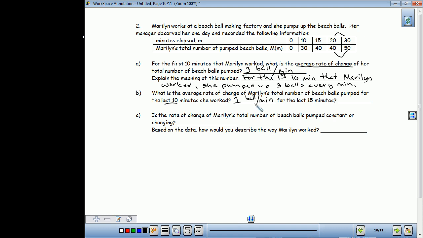She went from 3 balls per minute to 1 ball per minute. Now, the last 15 minutes. So the change in time is 15, and the change in balls is 10. So 10 divided by 15 would say she only did 2/3 of a ball per minute for the last 15 minutes.